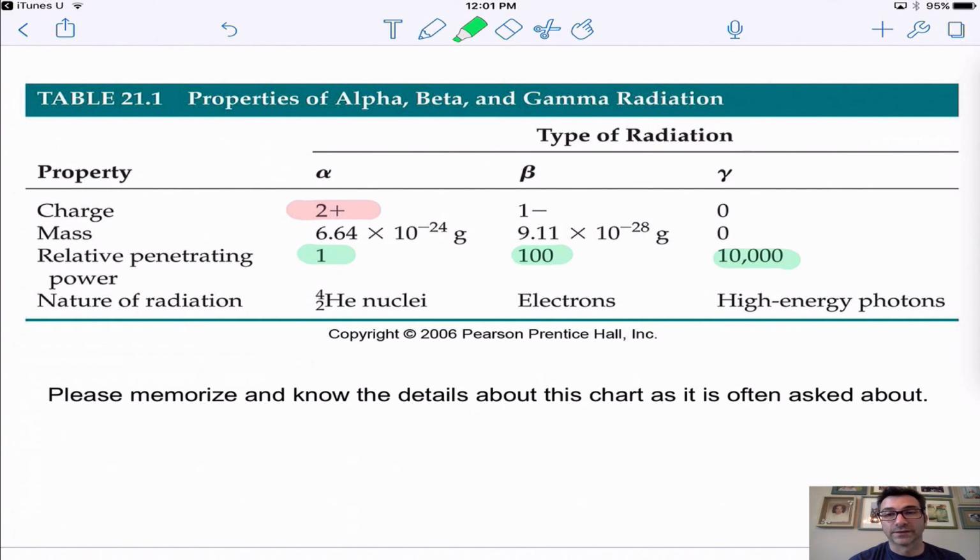People working with alpha emitters, as they're called, don't really wear that much protective gear, although they will check themselves for radiation exposure. Beta is 100 times more powerful. And then gamma is 10,000 times more powerful than alpha. And I'll show you a video in class where we see these radiation types penetrating through different metals, and it's pretty miraculous to see the difference between them.